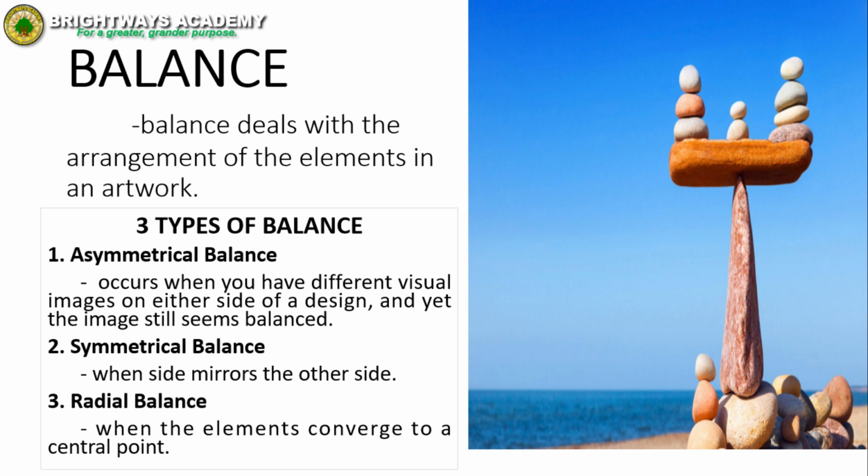And lastly is the radial balance. When we say radial balance, the elements converge to a central point. Radial balance, or radial symmetry, is known as the key principle of design that focuses on a central focal point of a photo or created design.